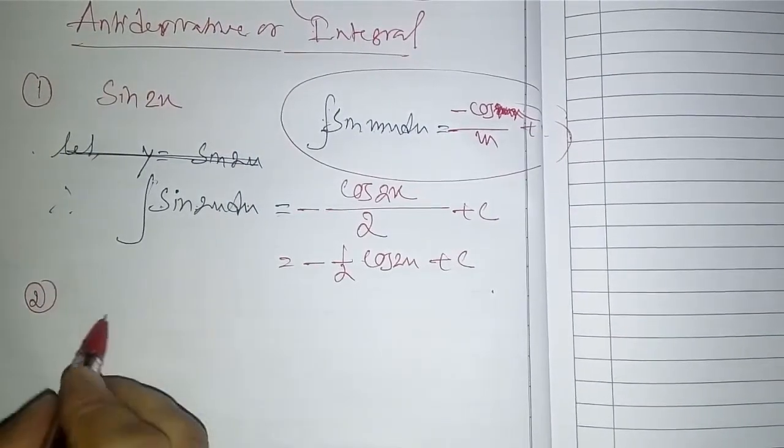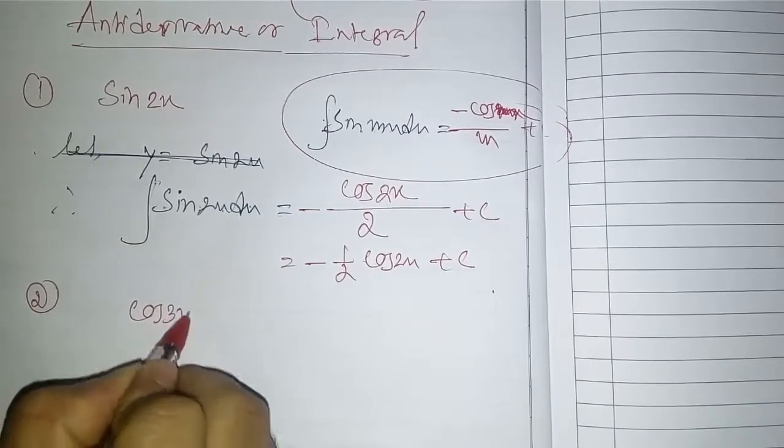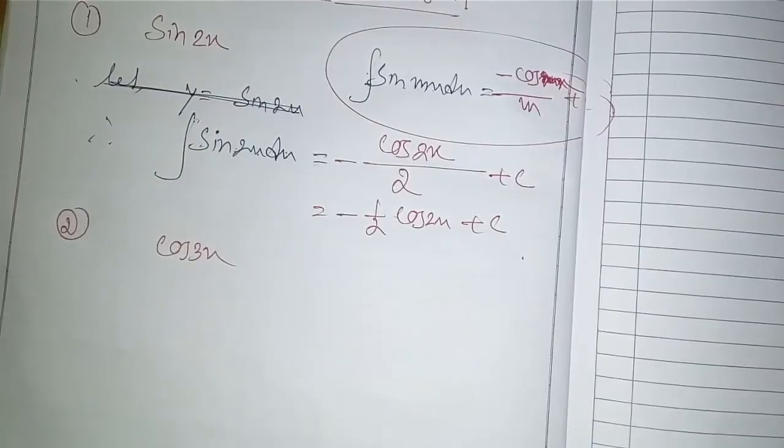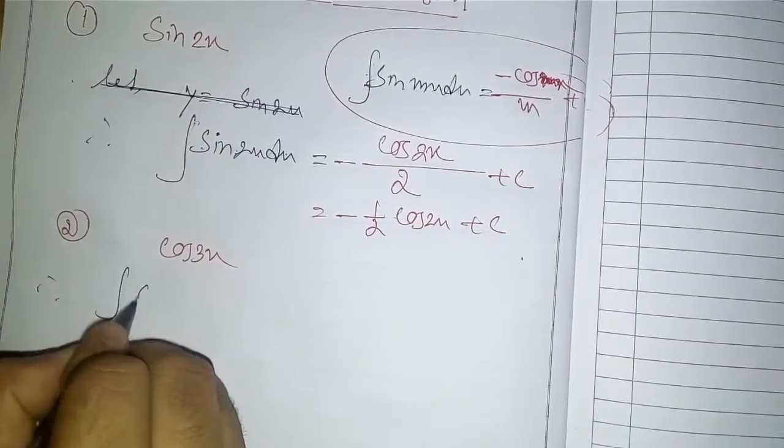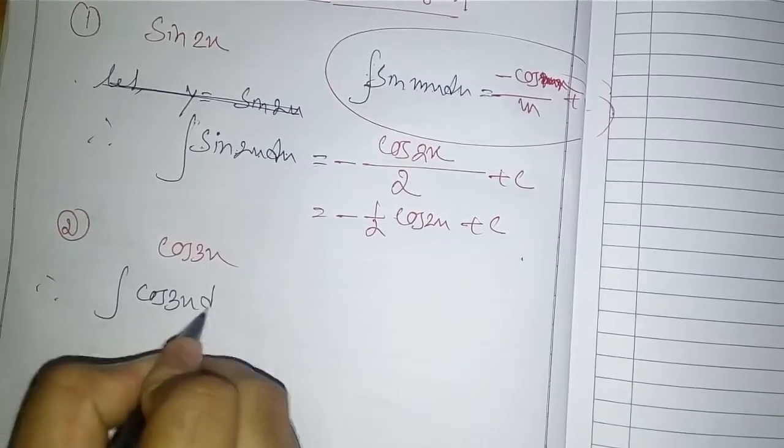Second number, cos 3x. This one is the same, therefore integration of cos 3x dx.